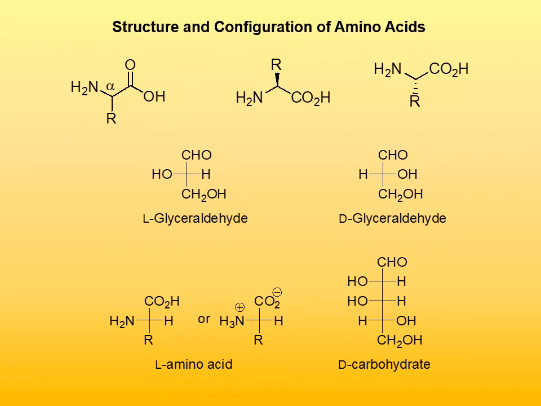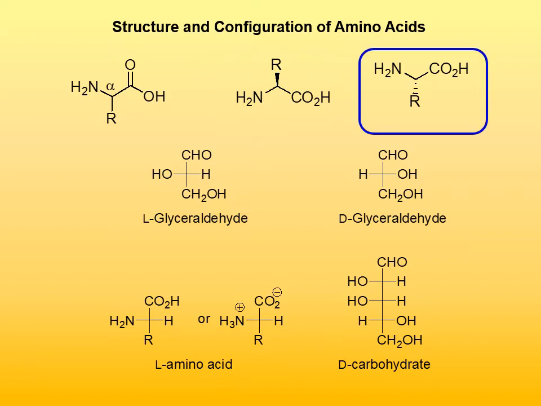Naturally occurring alpha amino acids are chiral. So they are a specific enantiomer. And that enantiomer is, as you will see soon, the L enantiomer. When we draw an amino acid in such a way that the alpha carbon is part of the chain that points up, then the substituent or side chain R projects towards us, so we indicate that with a wedge bond.